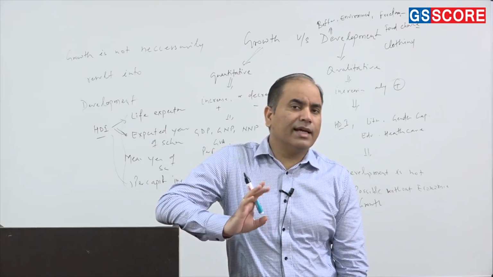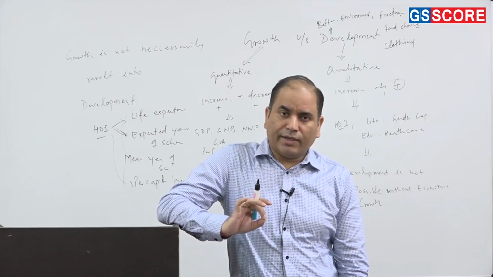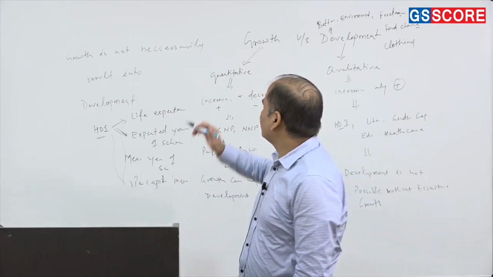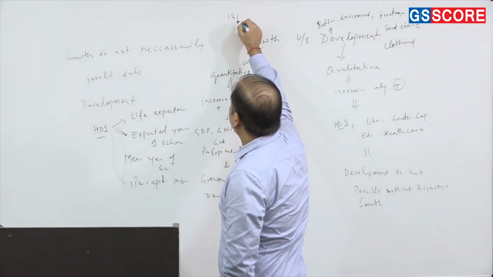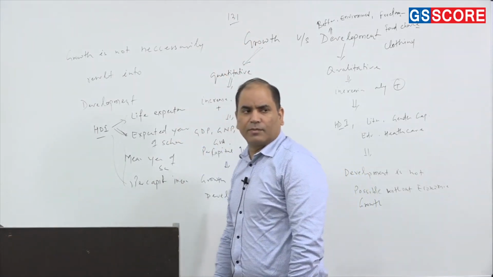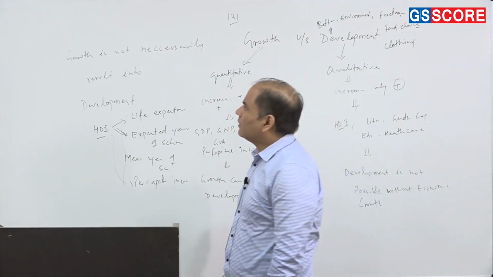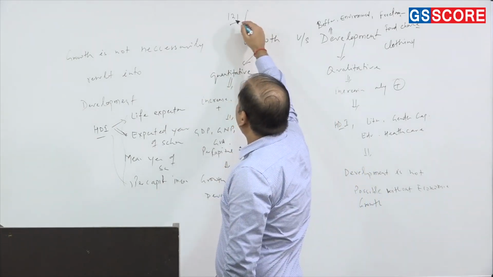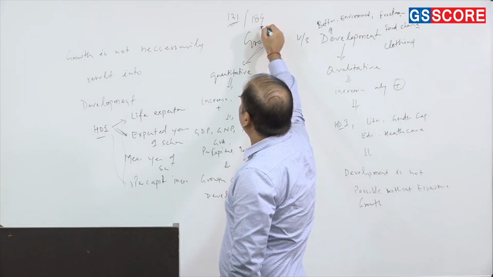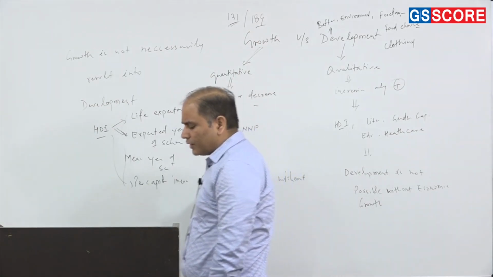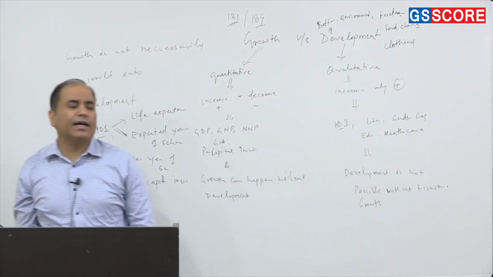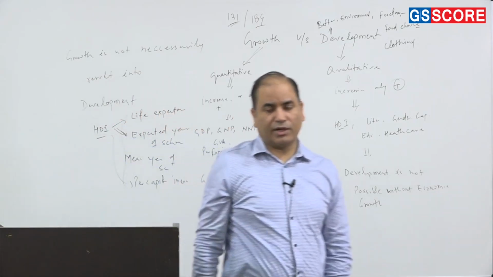If you look at the HDI, India's position as per the 2020 report is roughly 131 out of 189. So India's performance in the HDI is very poor, there is no doubt about it.